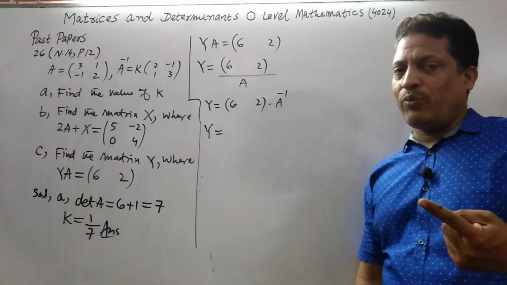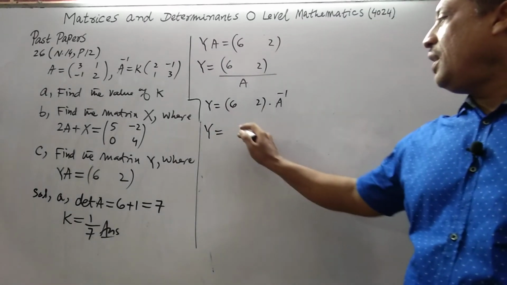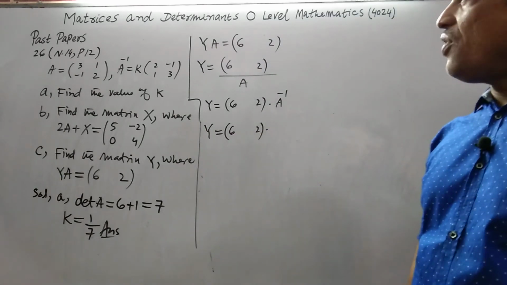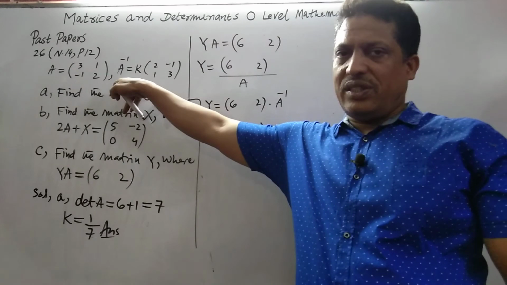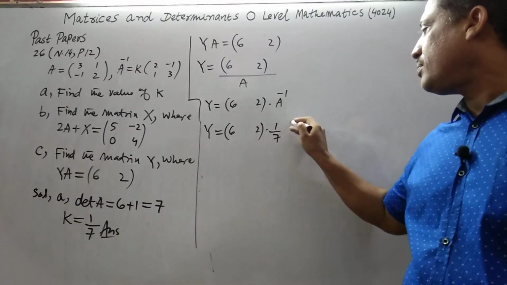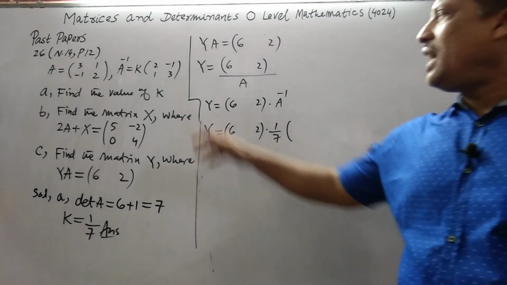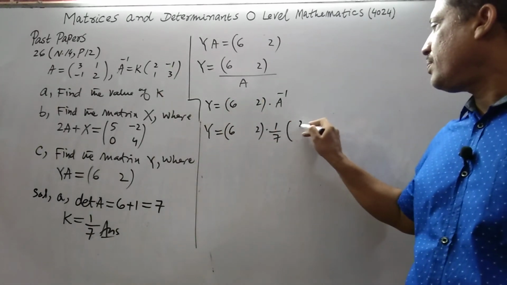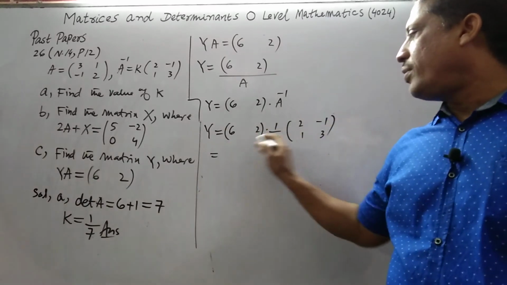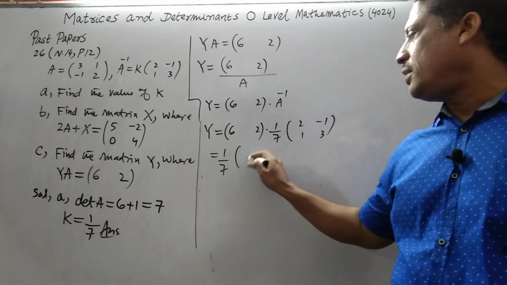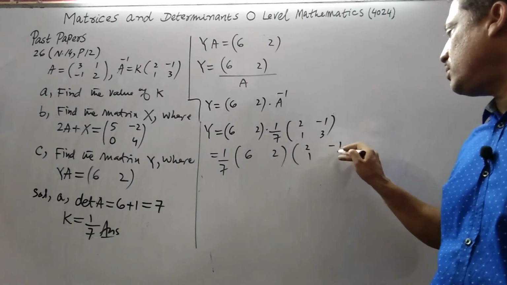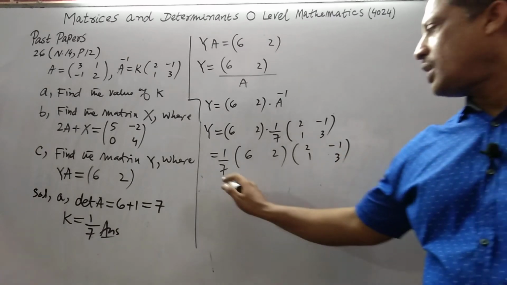And one more important point which I will tell you later. [6, 2] multiplied by A inverse. We have already been given A inverse. A inverse is K, and K is 1 over 7 multiplied by [2, 1; -1, 3]. Write down 1 over 7 over here: [6, 2] multiplied by [2, 1; -1, 3].